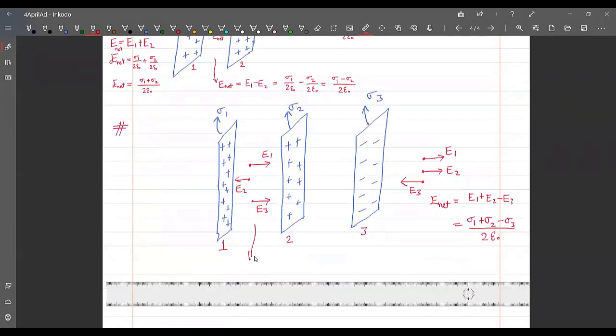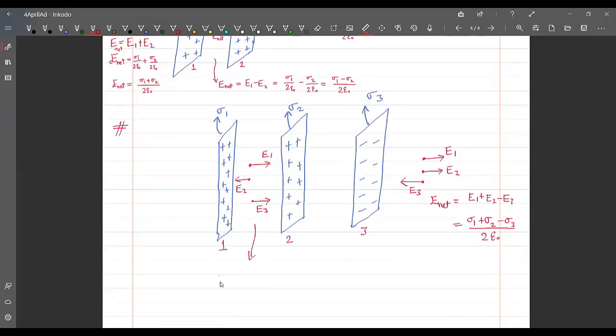So in this region, if you want to write E net, that will be E1 plus E3 minus E2 divided by 2 epsilon naught. If you put the values, then sigma 1 plus sigma 3 minus sigma 2 divided by 2 epsilon naught. And likewise, you can find electric field in the other two regions, here and here.